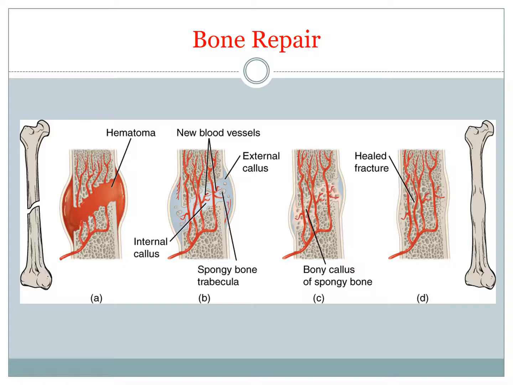Eventually, the internal and external callus unite. Compact bone replaces spongy bone at the outer margins of the fracture, and healing is complete. A slight swelling may remain on the outer surface of the bone, but quite often that region undergoes remodeling and no external evidence of the fracture remains.